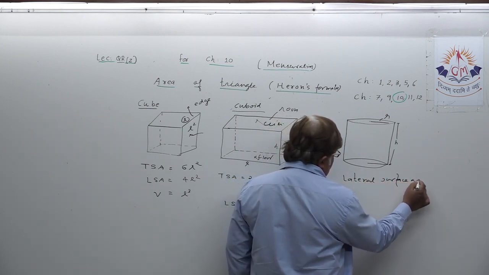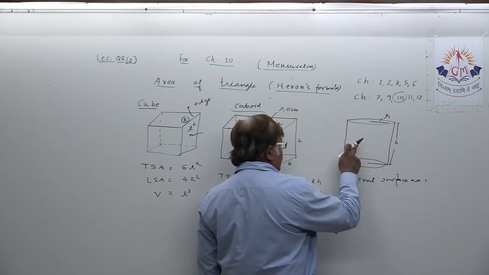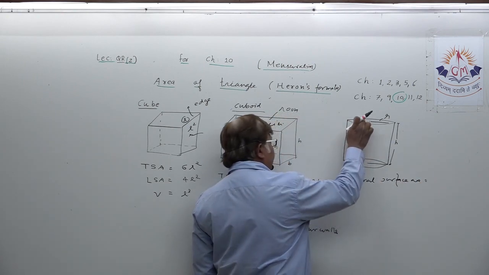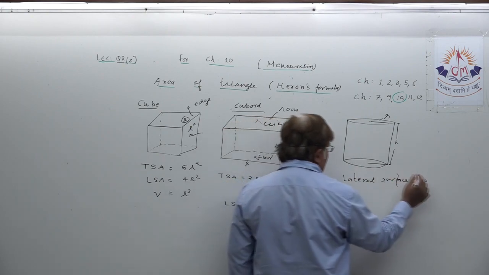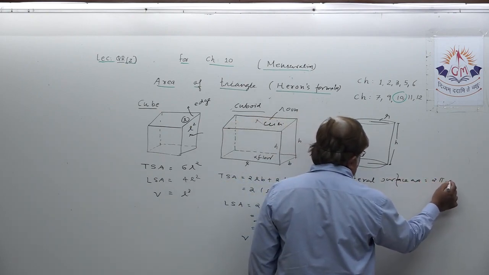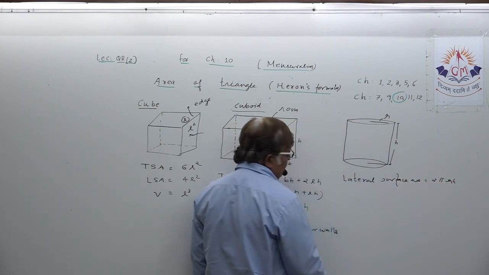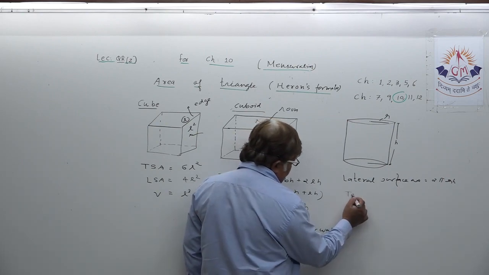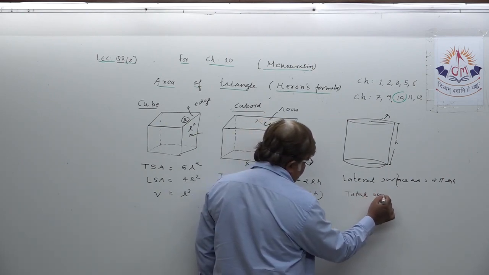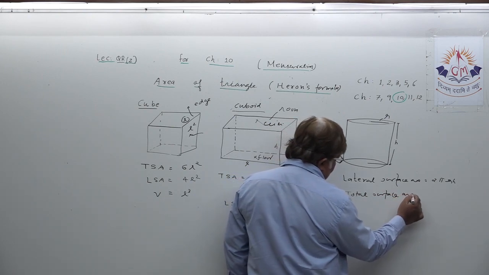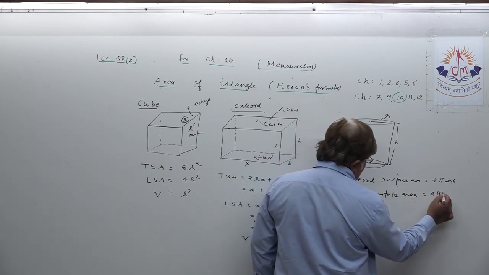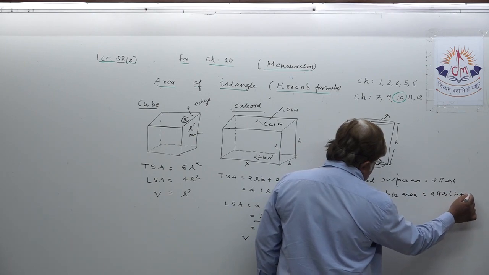Okay, suppose we want to find lateral surface area. Lateral surface area of cylinder will involve only this curved part, neither top nor bottom. So you need to remember the formula 2 pi RH. Suppose, dear student, you want to find total surface area. The formula is 2 pi r into bracket H plus r.